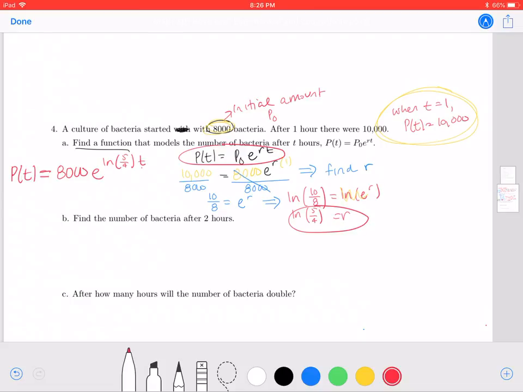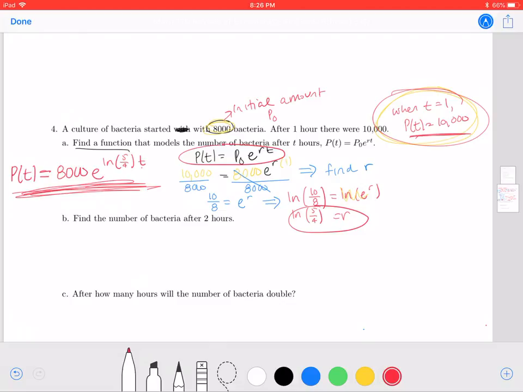So t and P of t are left alone. I don't plug in values for them because I want to be able to plug in anything for t and get out any answer. The only reason I plugged them in earlier was to find r. Otherwise, in the equation, I leave it alone. Okay, so we're going to use that equation in part B.